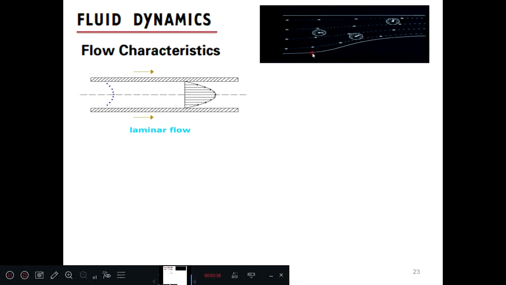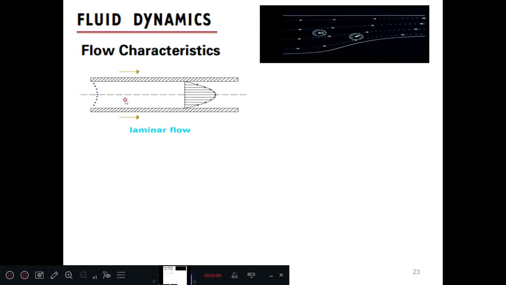In steady flow, the velocity of the fluid at any point remains constant in time. That is what we call a steady flow.